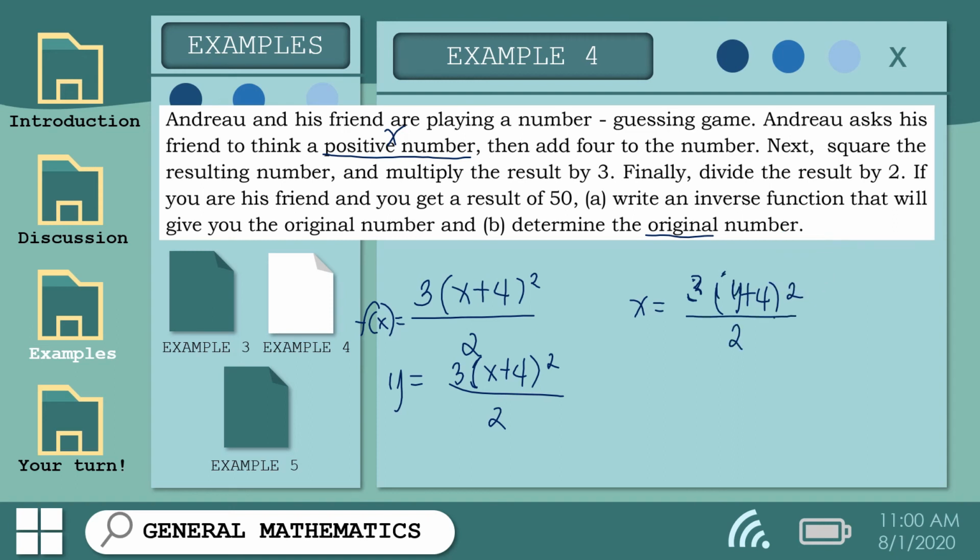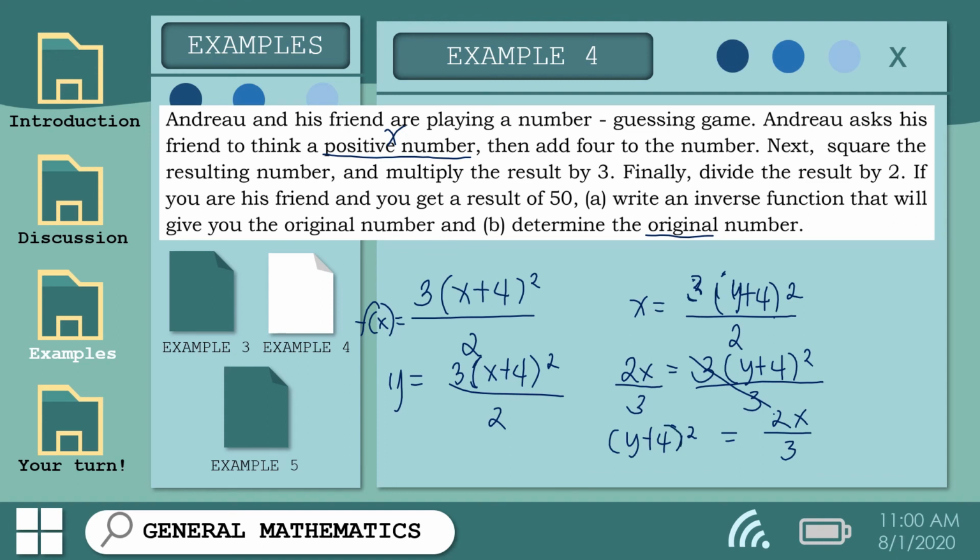Then, let's solve na po yung ating y in terms of x. Cross-multiply lang natin. We have now 2x is equal to 3 times the square of y plus 4. So, eliminate muna natin yung 3. We divide both sides by 3. So, we have now square of y plus 4 is equal to 2x over 3.